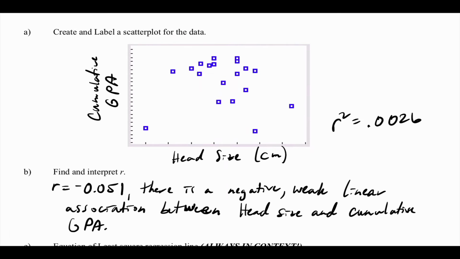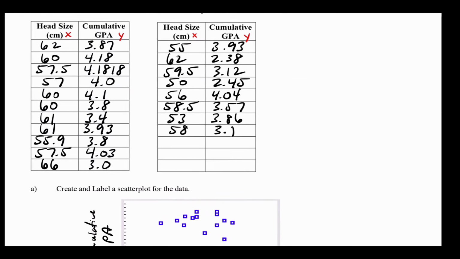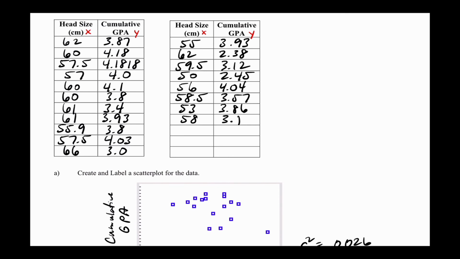So what our findings would show is the reason your GPA is what it is. How do I say this correctly? The reason your GPA is what it is, 1% of that has to do with your head size. The other 99% plus has to do with other things, because there's a very low correlation between your head size and your GPA, right?